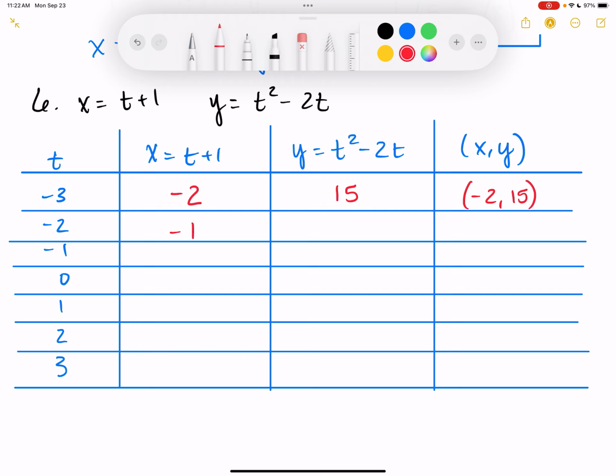I'm just going to say for x and for y, but know that I mean for t in those equations. -2 squared is 4, -2 times -2, so that's 4 plus 4 is 8. I like my Algebra 1 class.